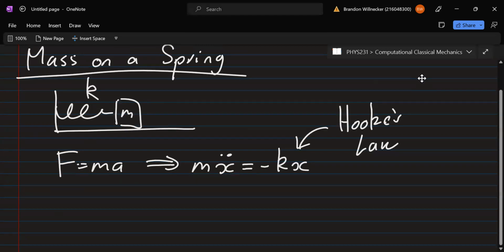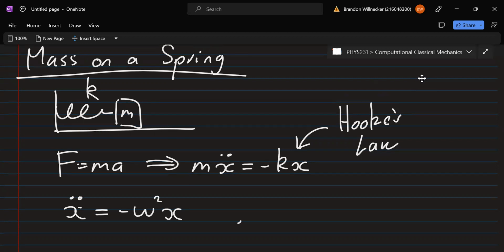Okay, so we have Hooke's law given in differential form like this. We can write this as x double dot equals minus omega squared x, where we have defined this omega squared as k over m. Okay, so we have our second order differential equation. We would like to write it as two first order differential equations.